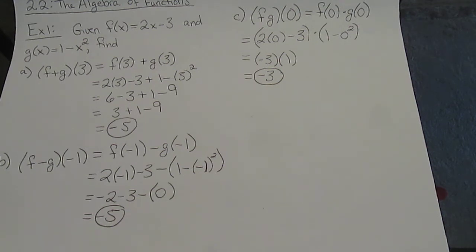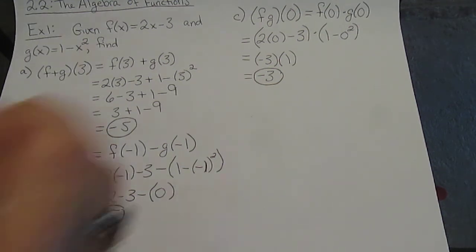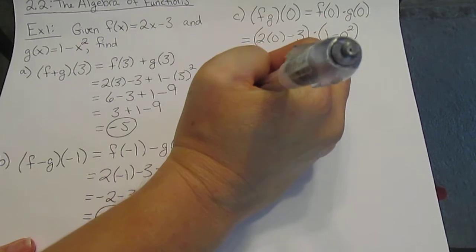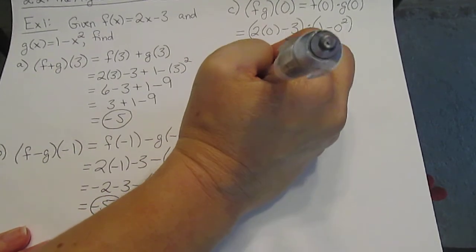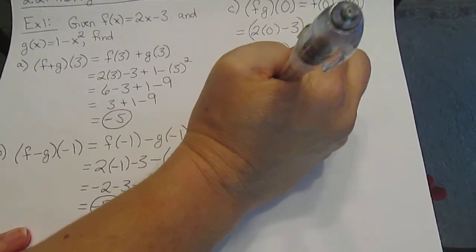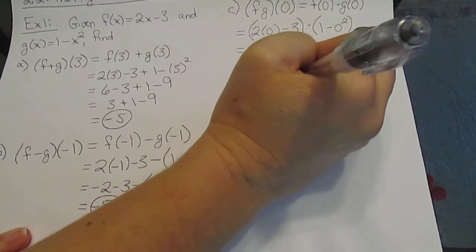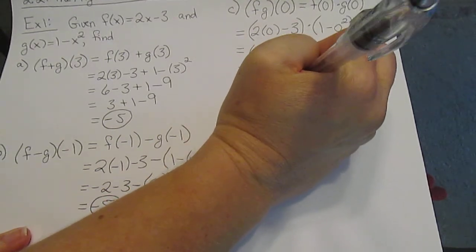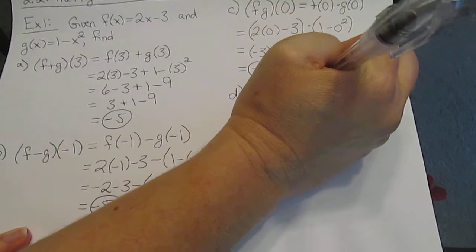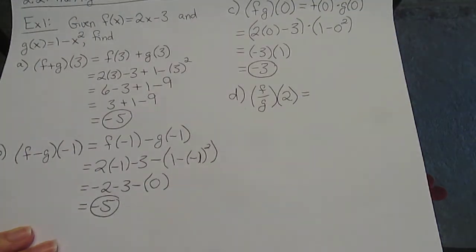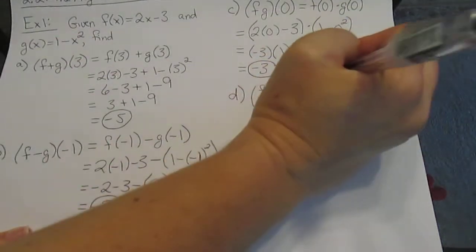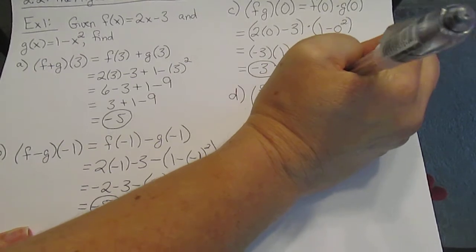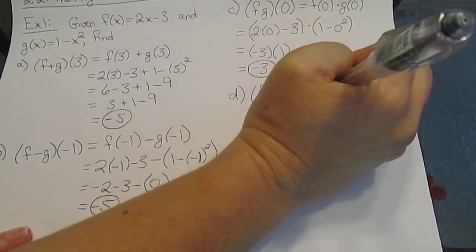Okay, and finally, we'll make sure that we do an example of division. So in part D, I've got f divided by g of 2. Okay, and again, I'm going to rewrite it. So this just means we're taking f of 2 and we're dividing it by g of 2.